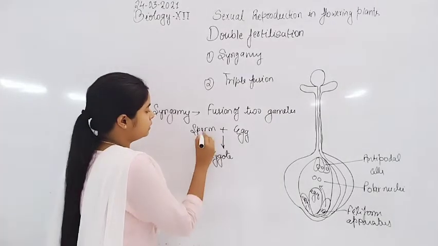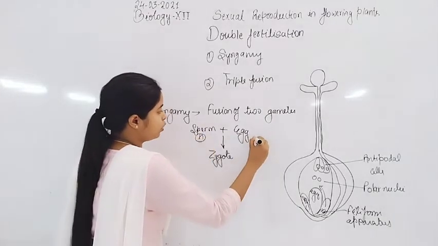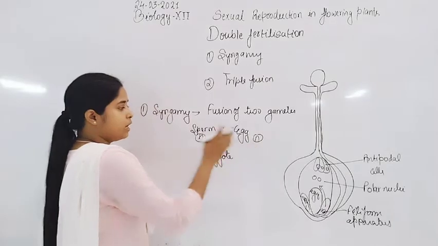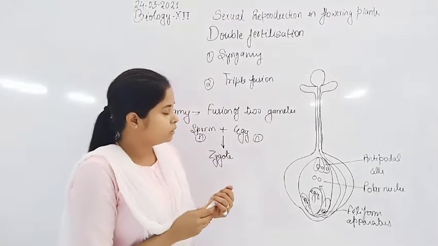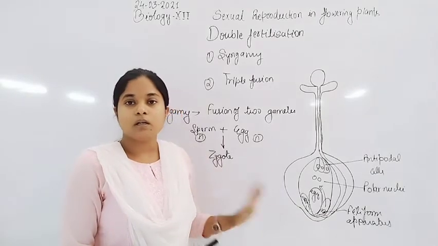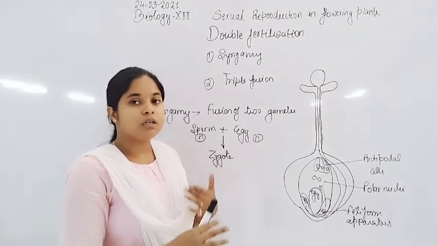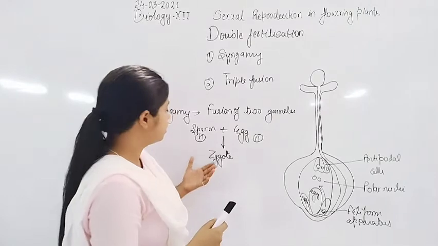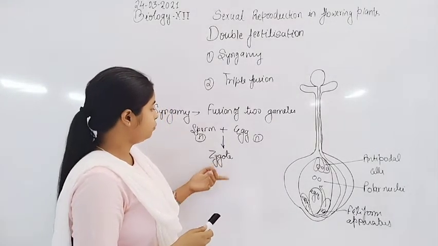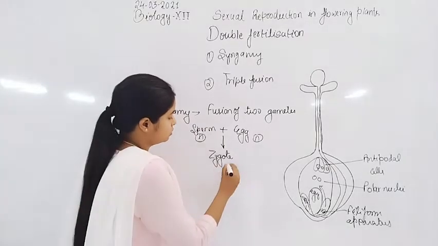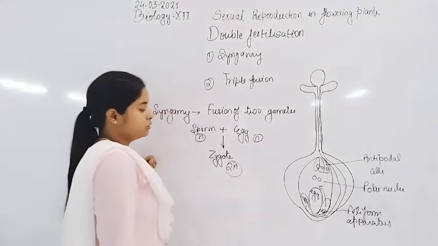Here the sperm is haploid in nature, and the egg is also haploid in nature, because both were formed by meiosis, which is a reduction division. After the reduction division, there is formation of the diploid zygote.